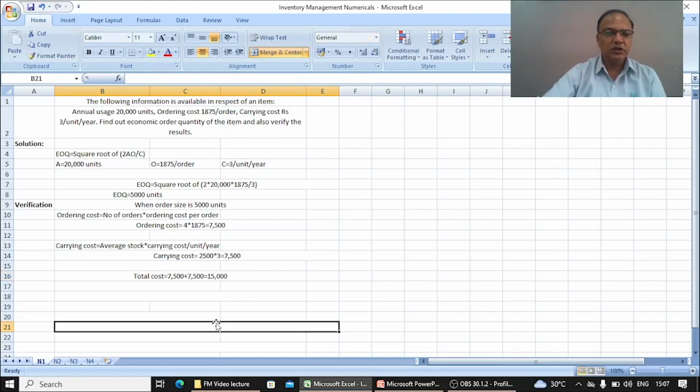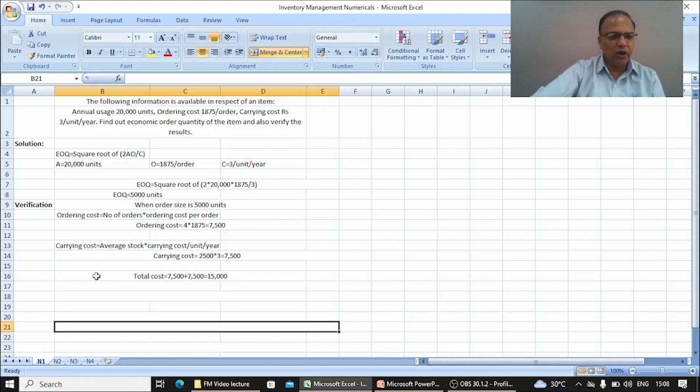So this is the total cost an organization has to bear whenever it is giving an order of 5,000 units and the total number of orders is 4.